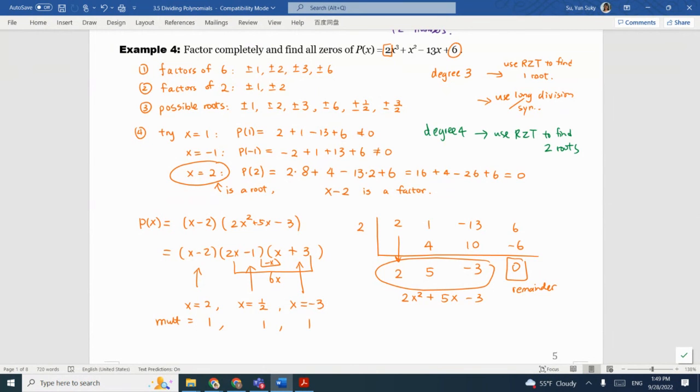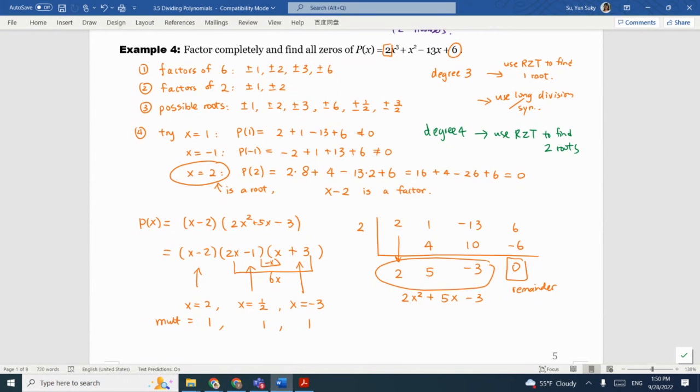Then you can use synthetic division or long division to find the remaining quadratic factor, because for a quadratic factor, you can use the quadratic formula. Okay, everybody? Yes. Okay, so that is example 4.